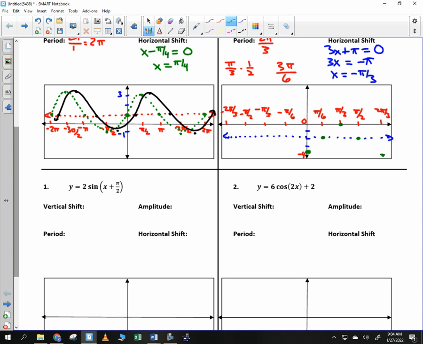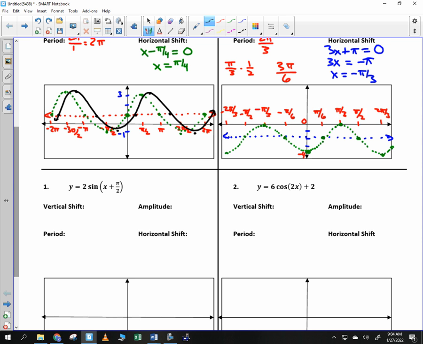Go through that same motion on the other side. So that's my ghost graph. It's not my actual graph. I'm just going to use it to get my real graph.